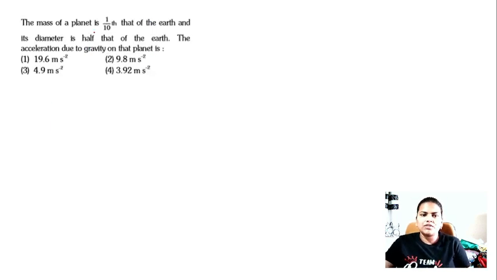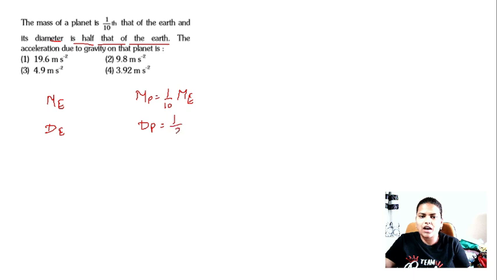Another question. The mass of the planet is 1/10 of that of Earth. If we say the mass of the Earth is me, the mass of the planet is 1/10 of me. And its diameter is half of that of Earth. Let's say the diameter of Earth is dE, so the diameter of the planet is half of dE. We have to find the acceleration due to gravity of the planet.